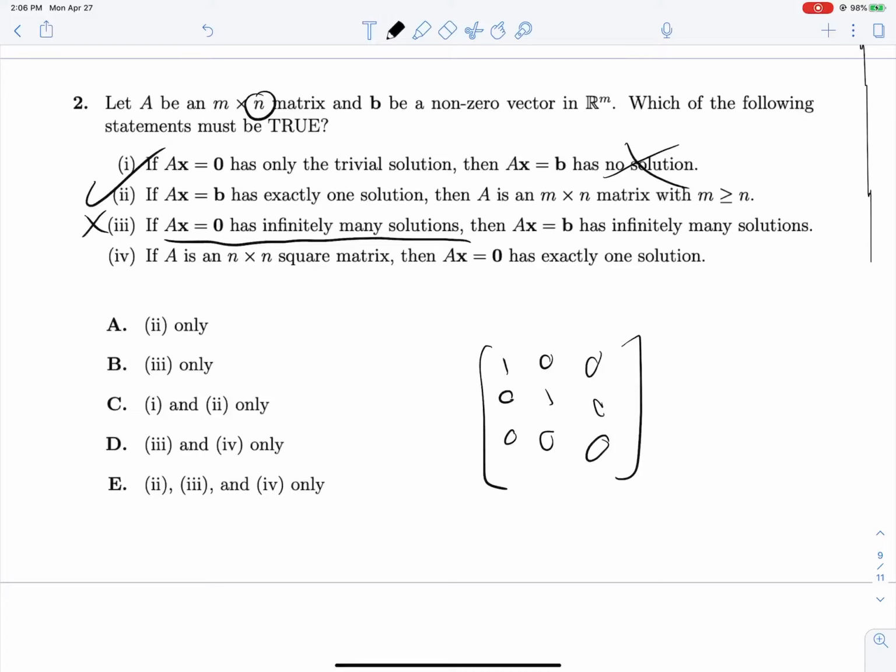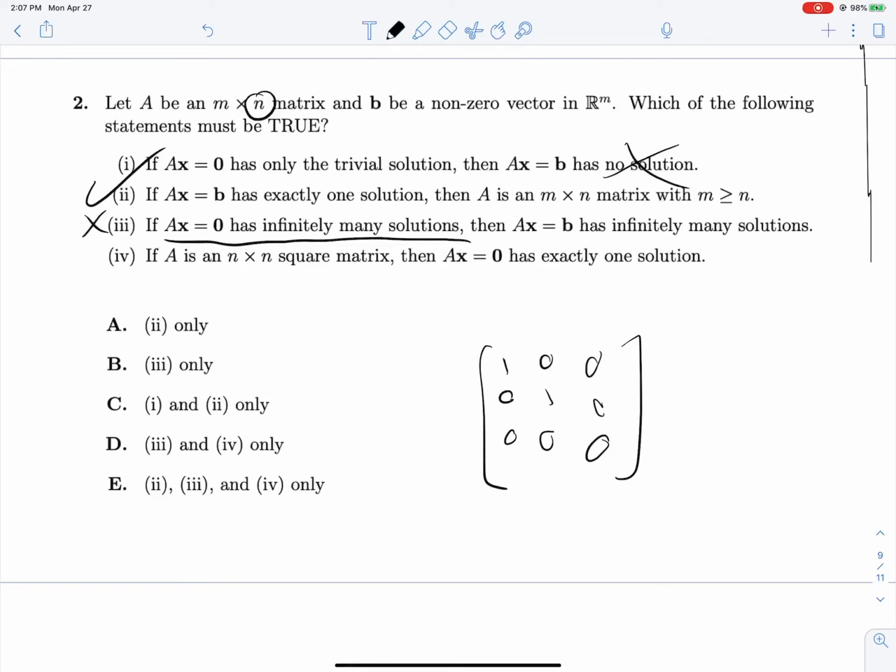Okay, finally 4. If A is an n by n square matrix, then Ax equals 0 has exactly one solution. Well, an n by n square matrix is a condition that we would need to have a transformation that is 1-to-1, but it is not sufficient. So here we have, yet again, this same matrix coming in handy.